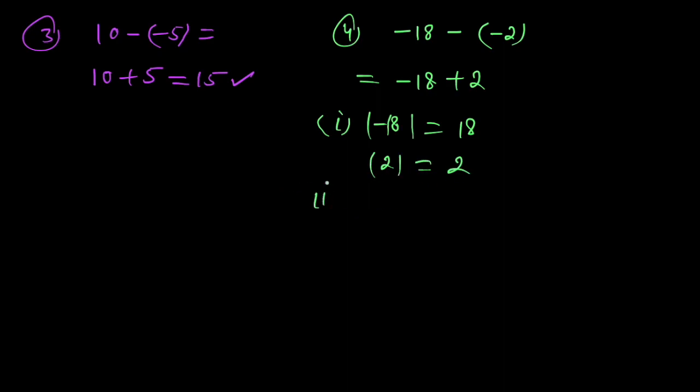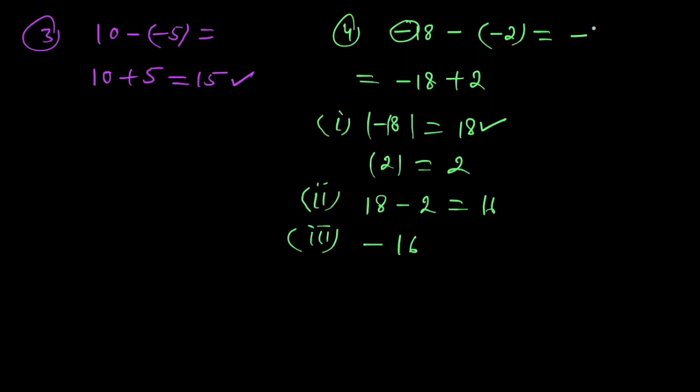Now, do I need to add these absolute values or subtract? We have to subtract them because the numbers have opposite signs. And what is the sign of my answer? My answer will be a negative number, because the bigger absolute value is 18 and 18 has a negative sign here. So your answer is going to be negative 16.